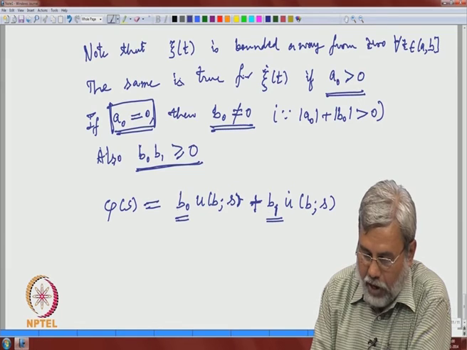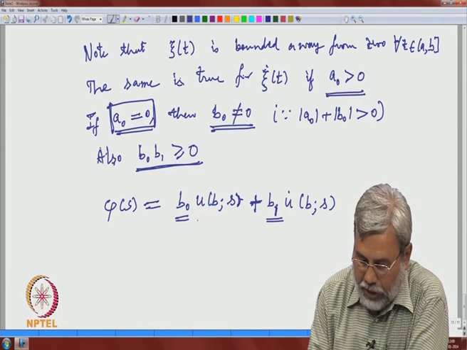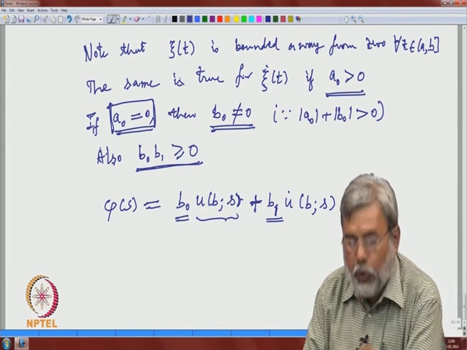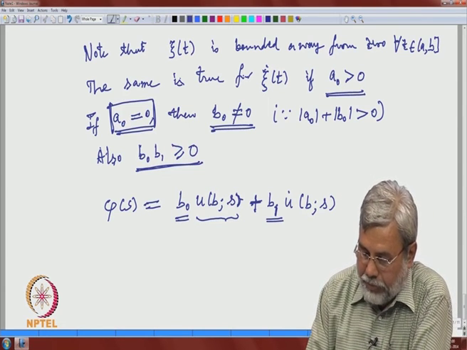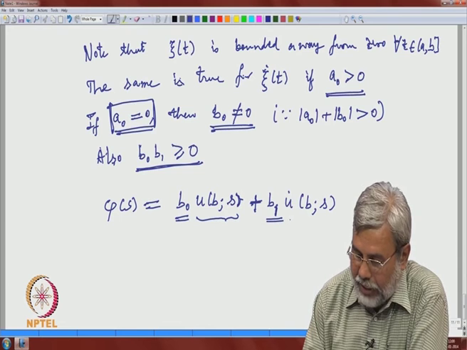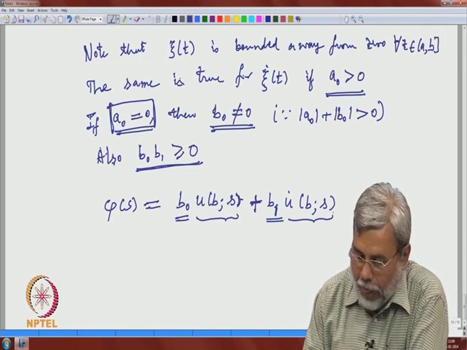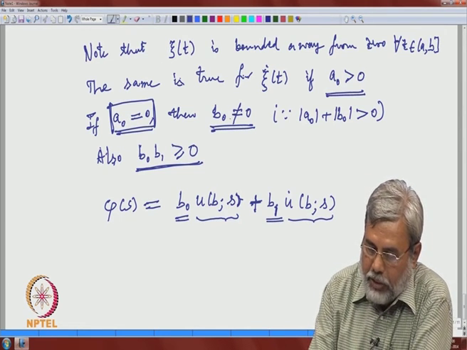And we have already seen that this derivative of u with respect to s is bounded away from 0. The infimum could be 0, but in this case we have B0 not 0.